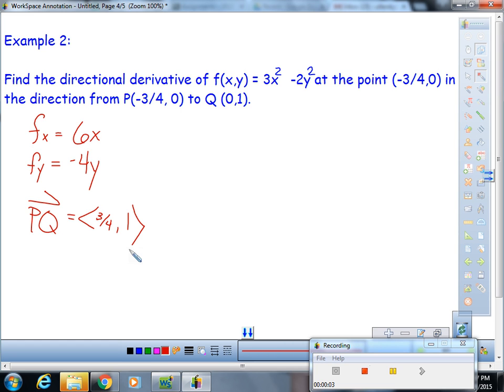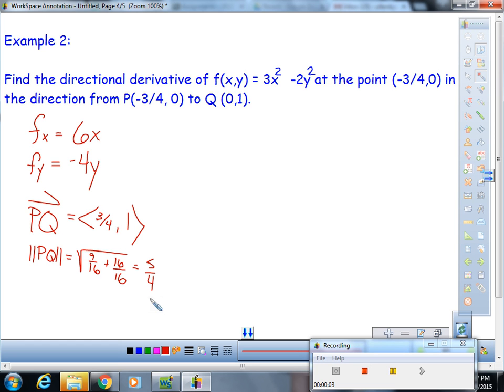It is not. So we need to find the magnitude of PQ, which is the square root of 9/16 plus 16/16, and that is the square root of 25/16, which is 5/4. Okay?